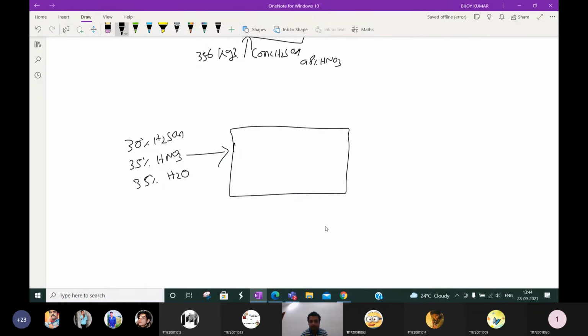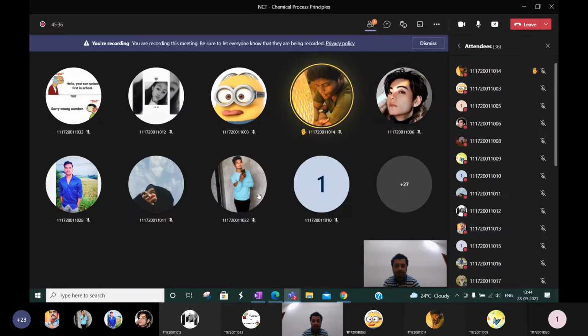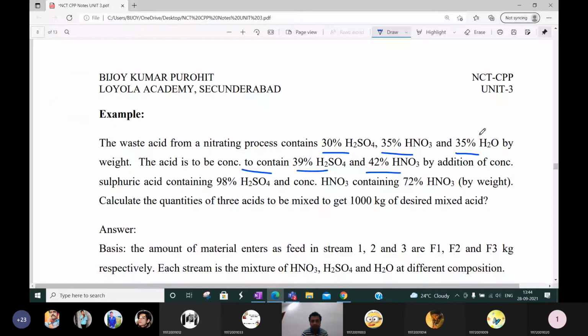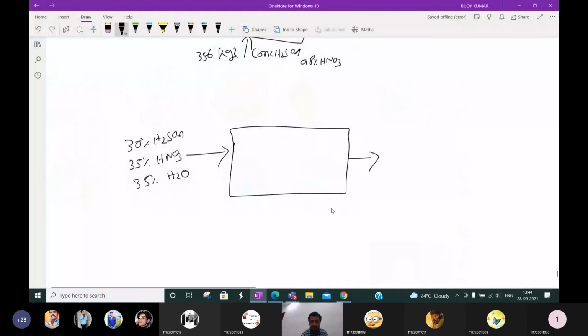Then what we have to prepare? This acid is to be concentrated to contain 39% H2SO4 and 42% HNO3.